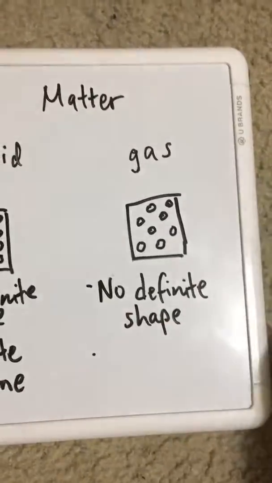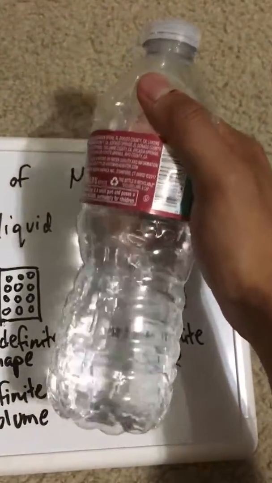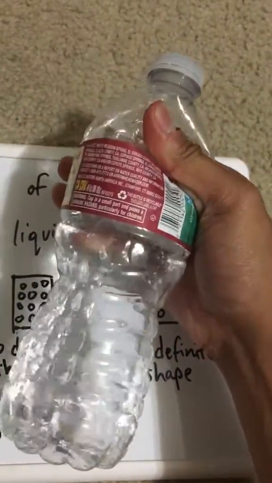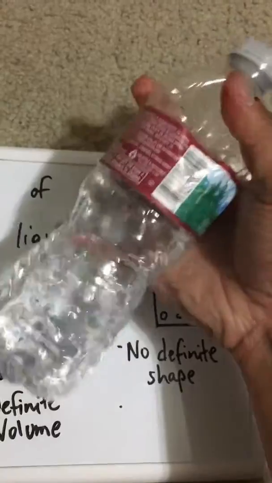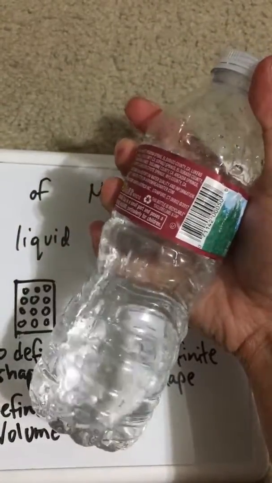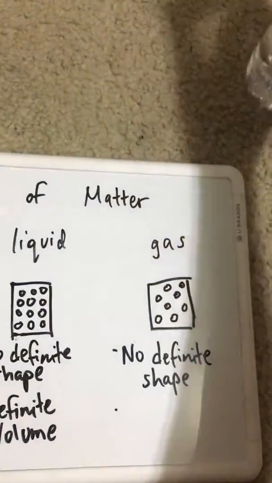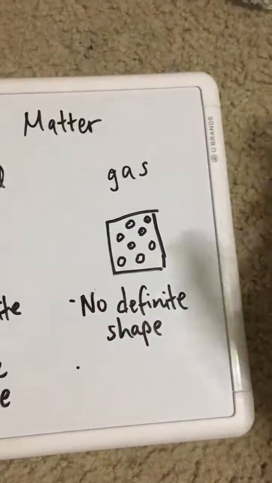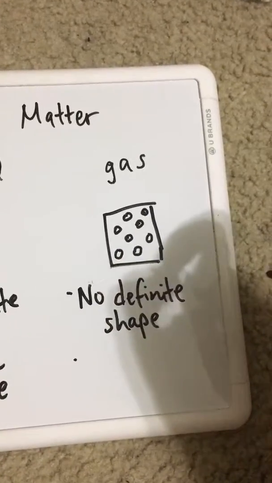And guess what? The volume, the space it took up, changed when I squeezed this. It's taking up less space right now, and now it's taking up more. That's because the gas particles like to go as far apart as possible. They like to take up as much space as possible.